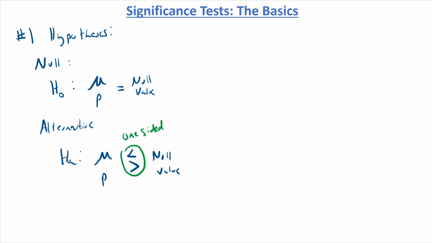However, you can also have a two-sided alternative hypothesis because they could just say, what if the value doesn't equal the null value? In other words, what if it's less than or greater than? And therefore, you would simply notate that by saying not equal to.